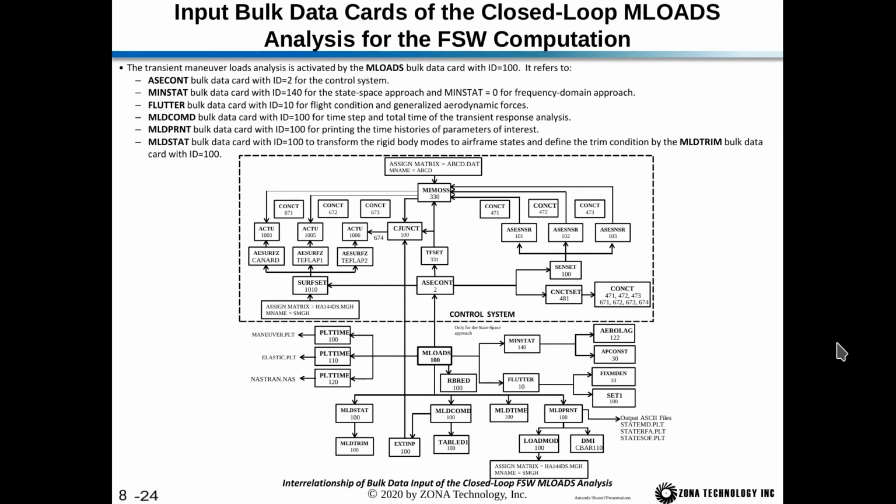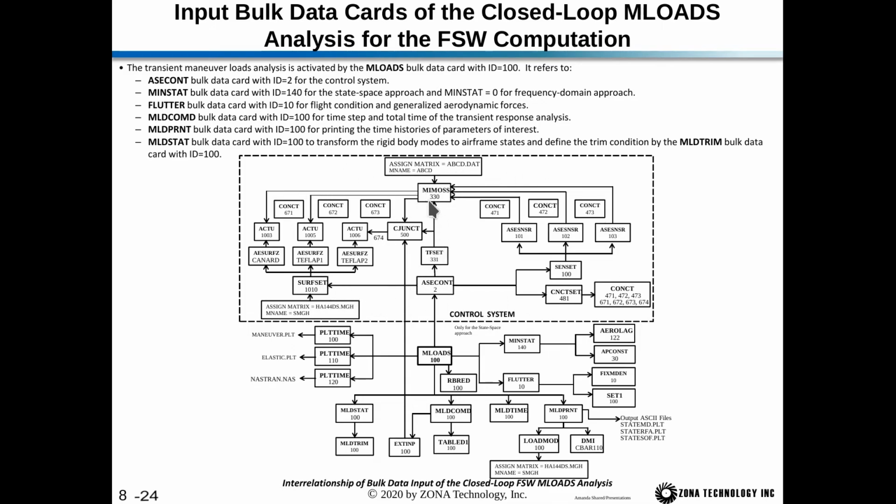This is the interrelationship for our analysis. So our MLOADS card, as I said, refers to our 3 MLD print cards. We have 3 plot time cards to have an animation output, and then we have our closed loop control system defined here.